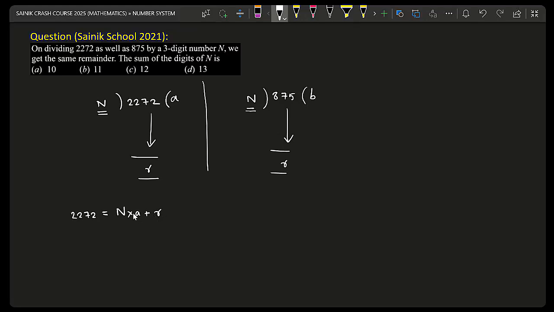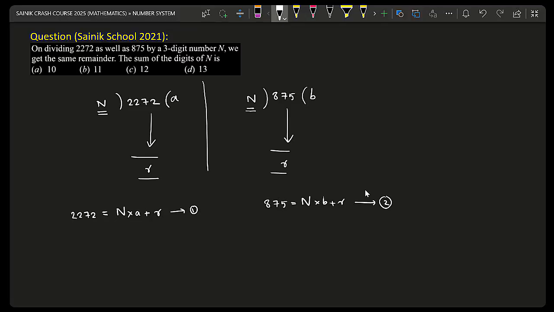And on the second one, if you apply the division formula, dividend is equal to divisor into quotient plus remainder. Let us say this is equation number 1 and this is equation number 2. Now, I want to remove r so that I get the relation between n and the given numbers.